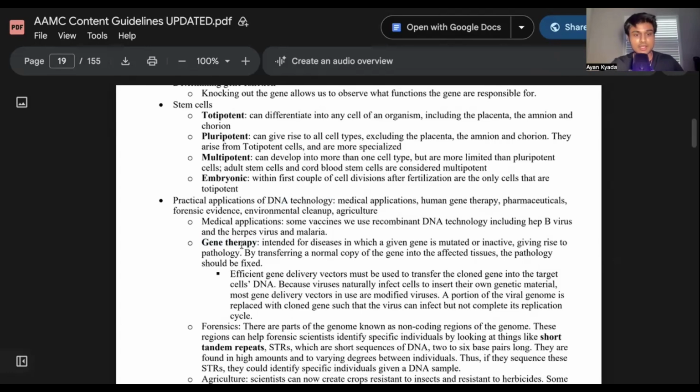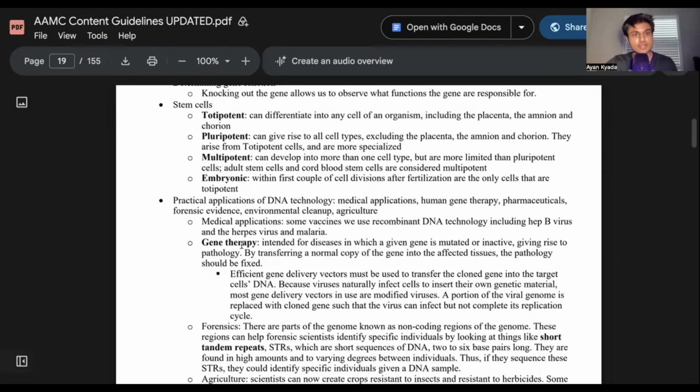So what we do in gene therapy is we essentially take a virus and we're obviously going to inactivate its viral genes and viral proteins and insert a copy of a fully functioning effective gene. And by transferring this normal copy of the gene into the affected tissues where the given gene is mutated or inactive, we hope to restore the function that the gene should have to fix the disease phenotype.